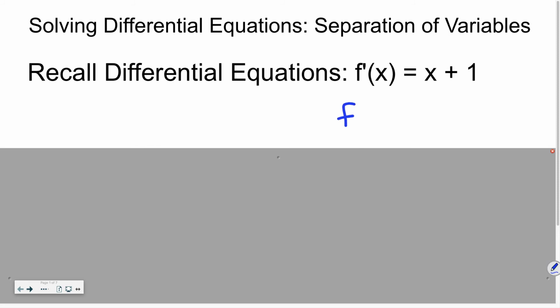What would f of x be? We know that because we can just take the integral and get to the next one.